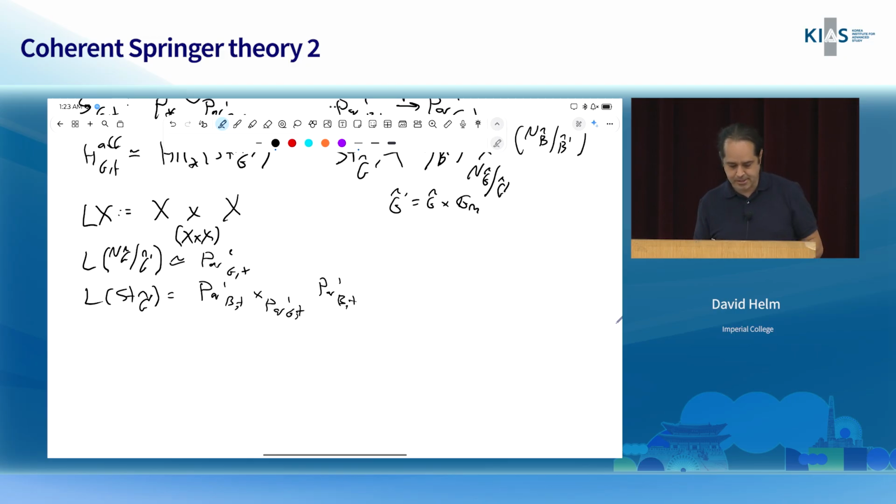Let me fix some notation, since we have multiple categorical traces to think about in this picture. So let me first talk about the one categorical trace.